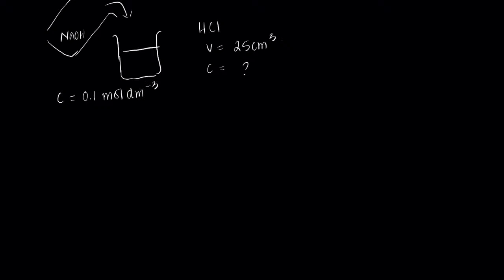And the next statement is something the question will tell you: the volume at which you noticed the color change. The volume at which the acid was neutralized, or you saw the color change, was, let's say, 27 centimeter cube. What is the concentration of this acid?